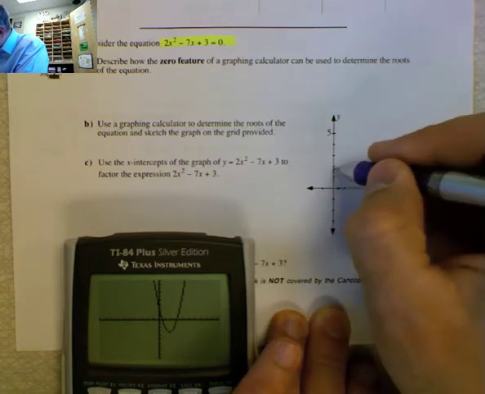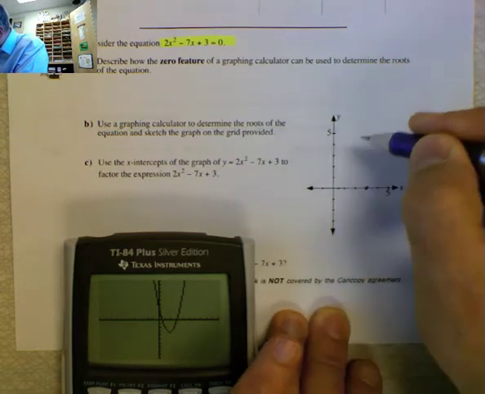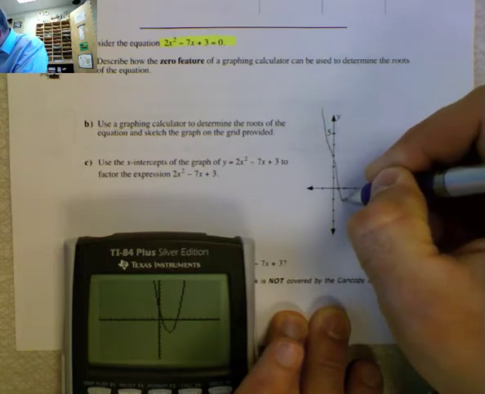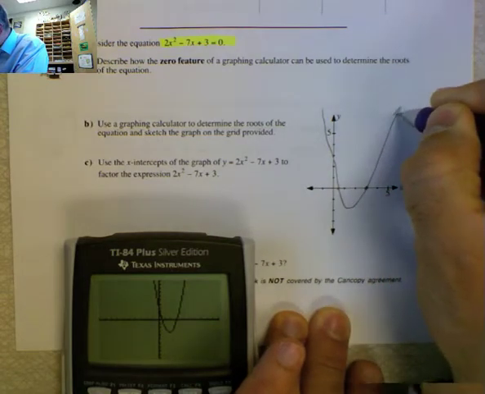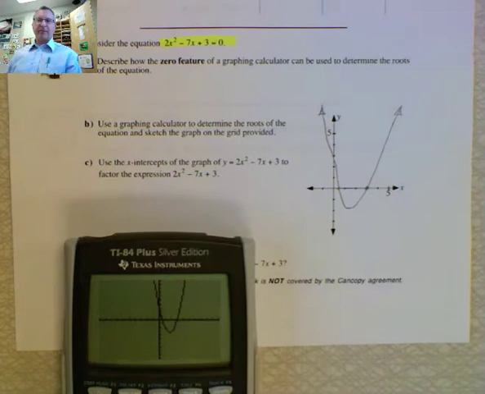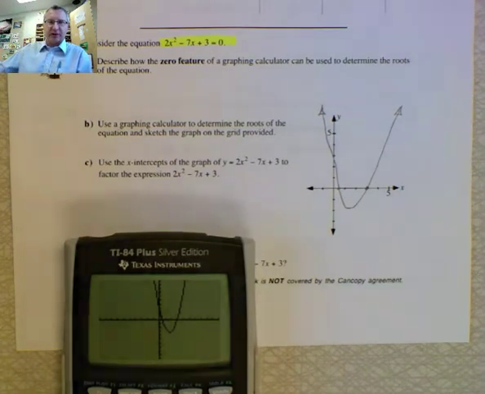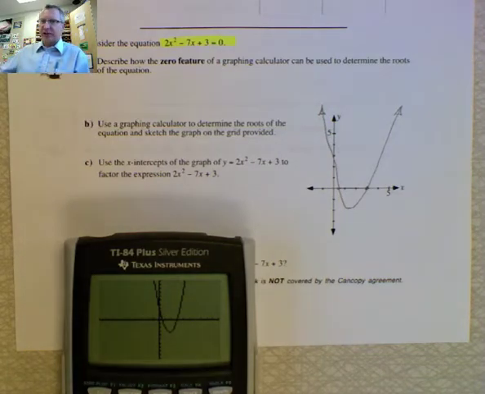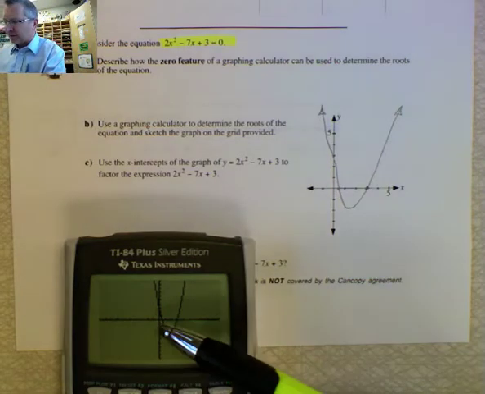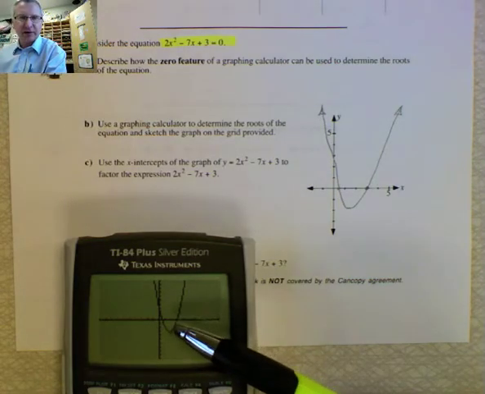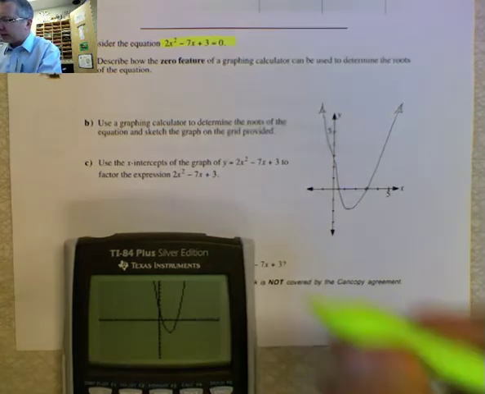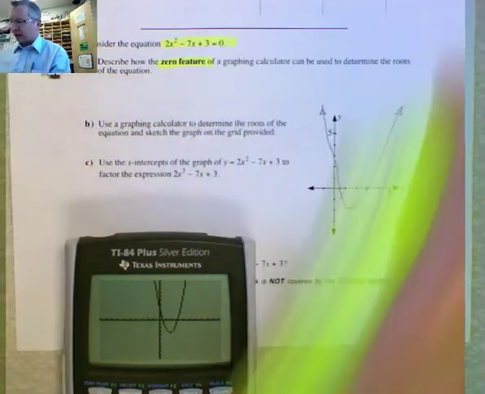Looks like it has a y-intercept of about 3. So I'm just going to sketch to the best of my ability what this parabola looks like. Remember, a sketch is a quick representation of what that function looks like. It's not a completely accurate graph. It's just a quick situation.